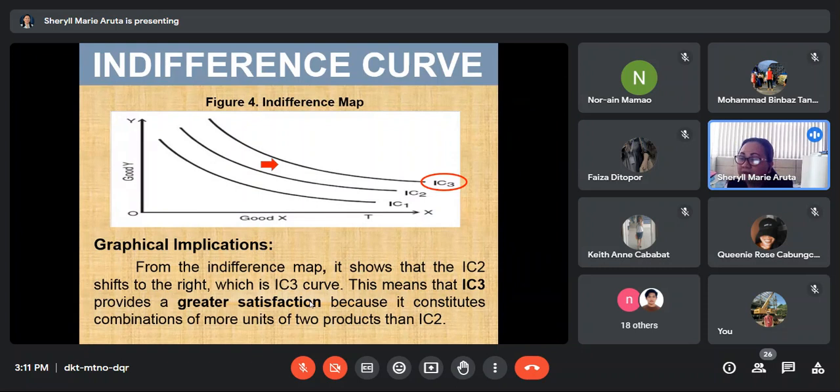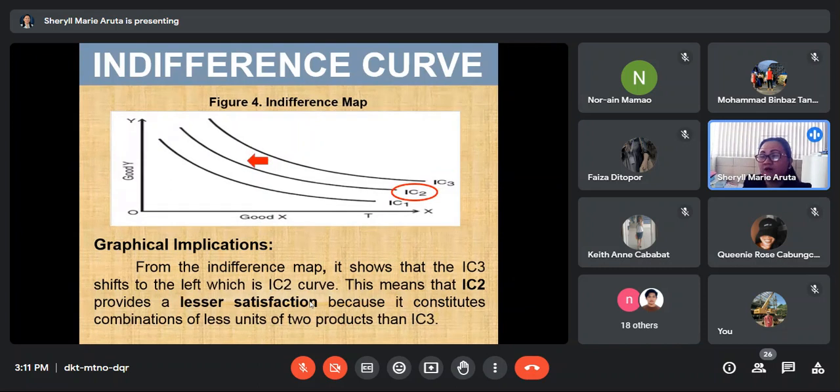So meaning, IC2 is our reference, and IC3 has a greater satisfaction than IC2. For the comparison, if IC2 shifts to IC1, then IC1 gives lesser satisfaction compared to IC2.